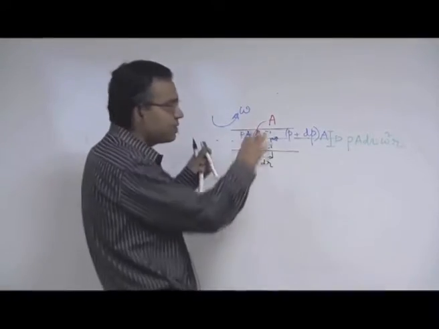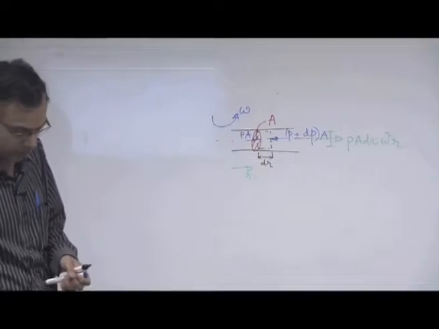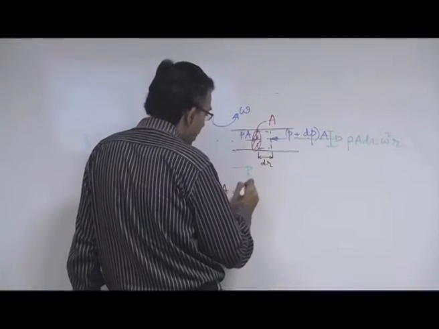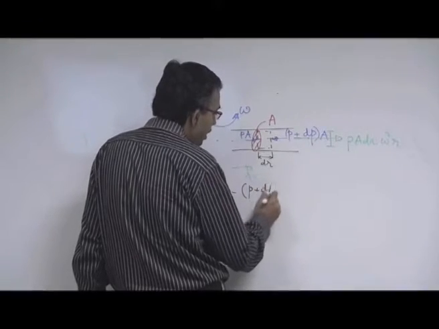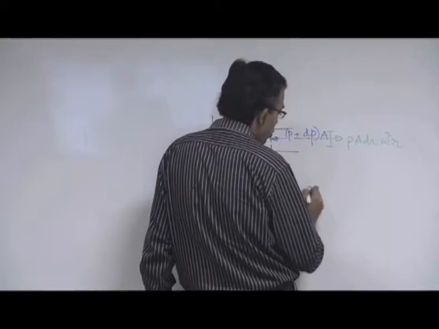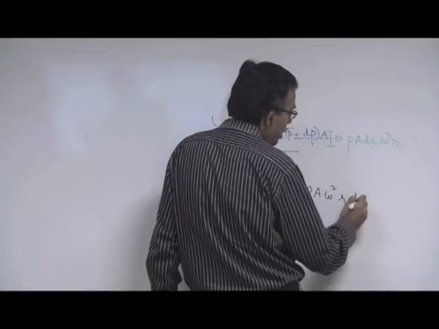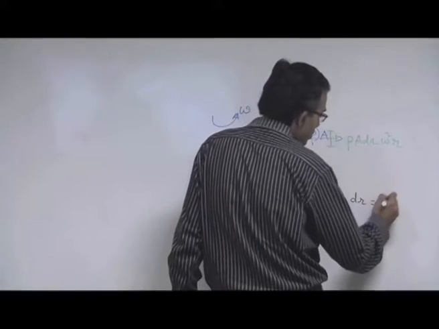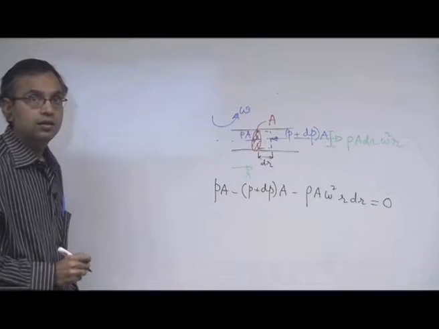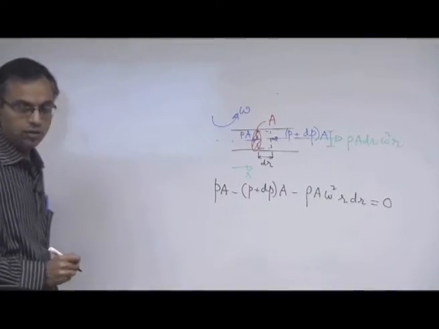So all these forces must be balanced, that means P into A minus (P plus dP) into A plus rho A omega square r dr is equal to 0.